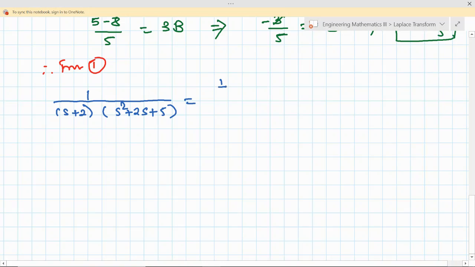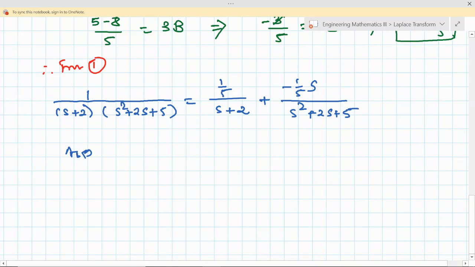A is nothing but 1 by 5 divided by s plus 2, plus c is 0, b is minus 1 by 5. So minus 1 by 5 into s divided by s square plus 2s plus 5. Now apply the inverse Laplace on both sides.